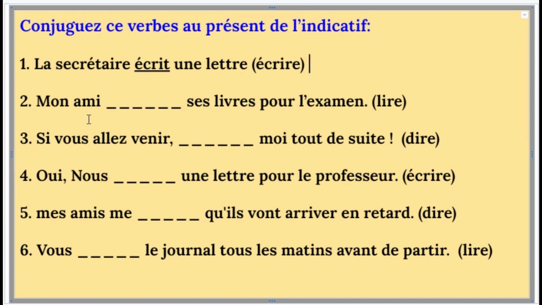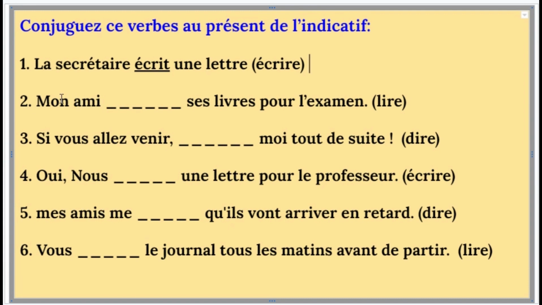Okay, the second one, mon ami dash ses livres pour l'examen. We have the verb lire, the verb to read. Mon ami, my friend, reads his books for the exams. So, what should be the conjugation of lire according to the pronoun mon ami?